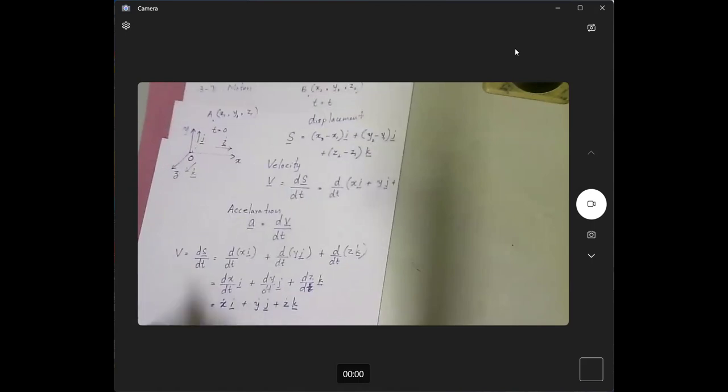In the same way, we can find the acceleration. So that will be dv over dt.